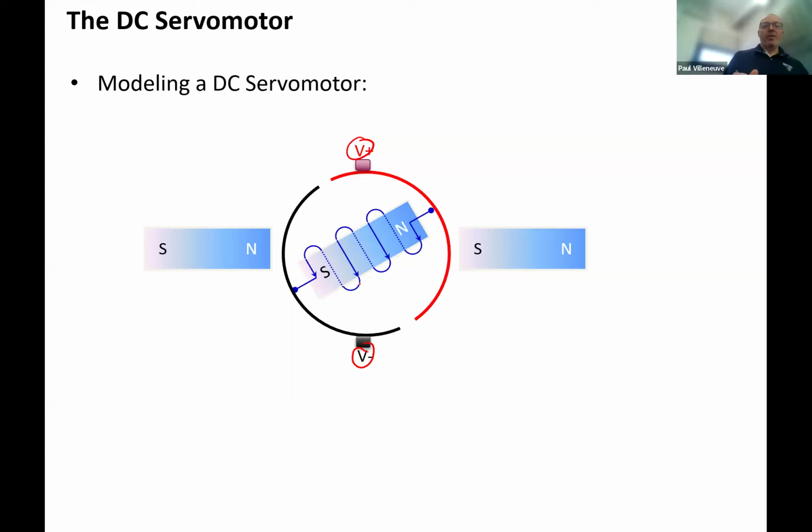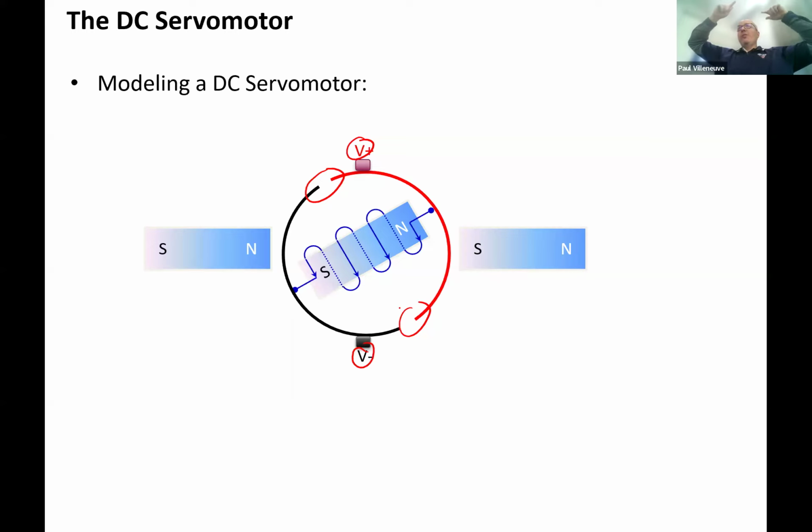And it creates a north and a south as shown in that direction. You notice that there's a little break. Anybody know why there's a break in between those? Why is there a break? The most obvious one, if this was just a continuous loop, you'd short V plus to V minus, right? So you'd have a short.